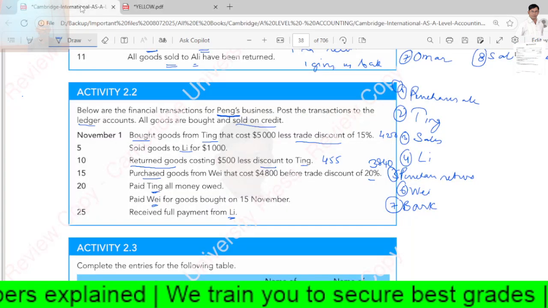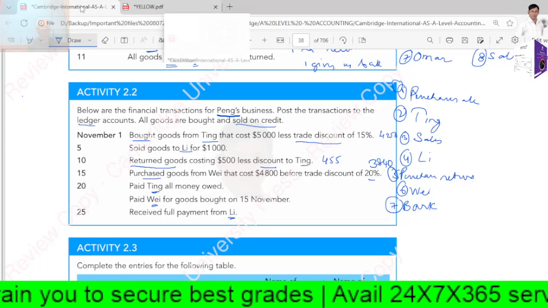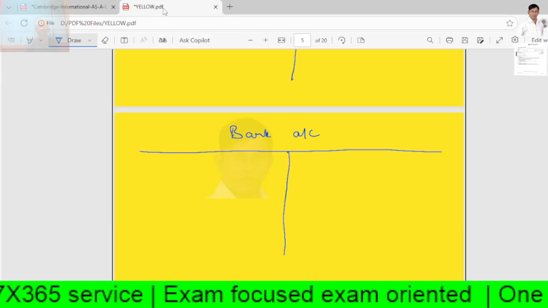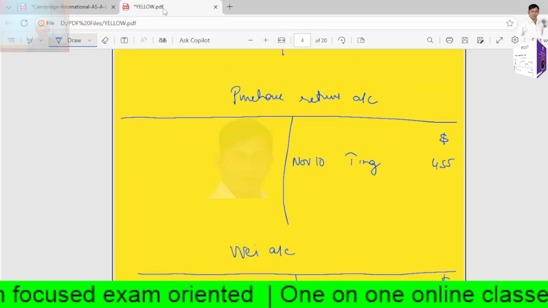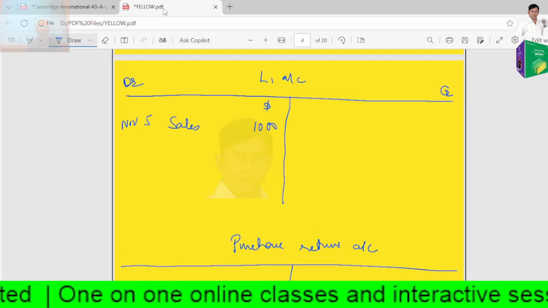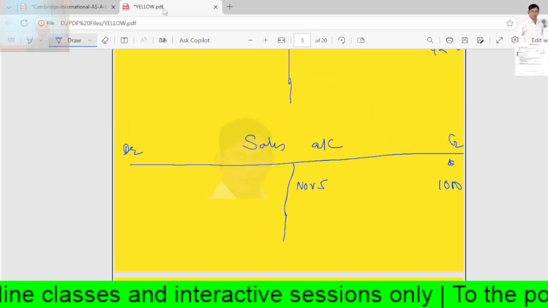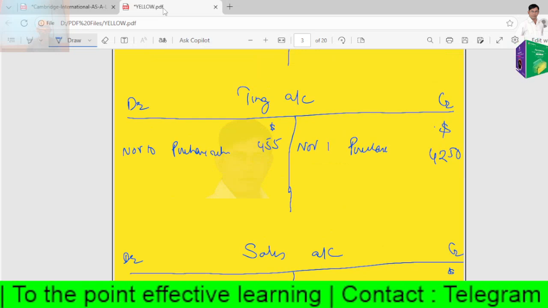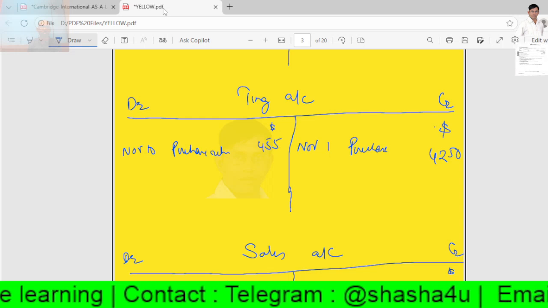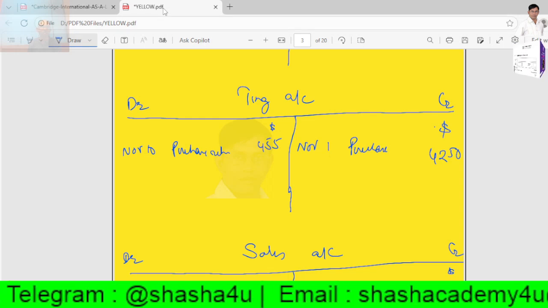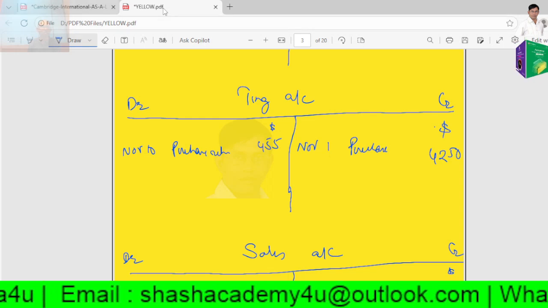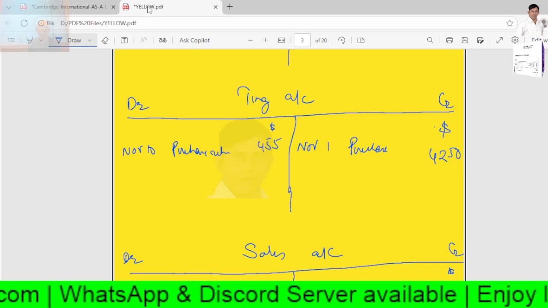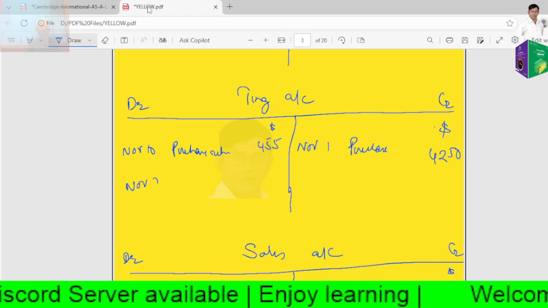We have to pay Tinge and V. How much do we have to pay Tinge? Obviously the balance, when we have paid on November 20.